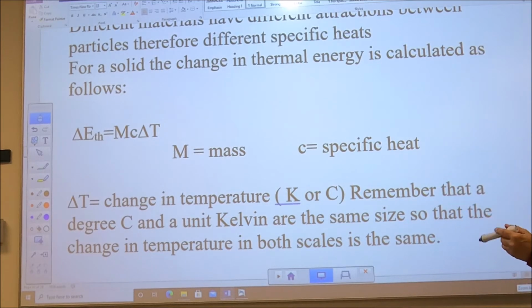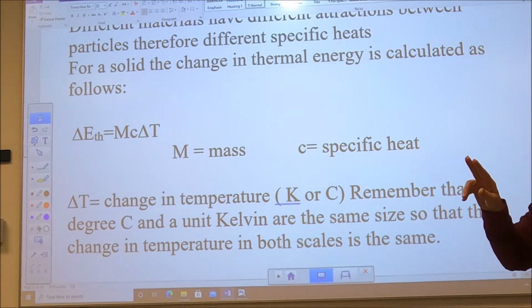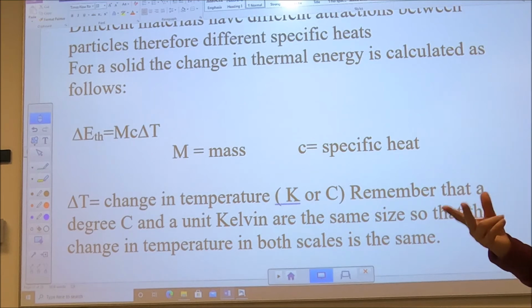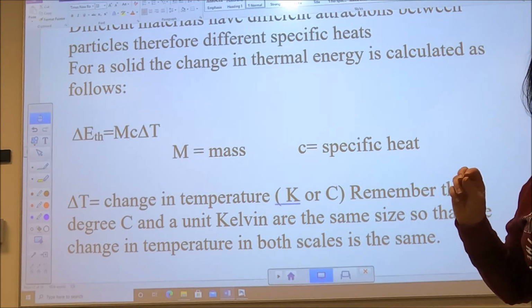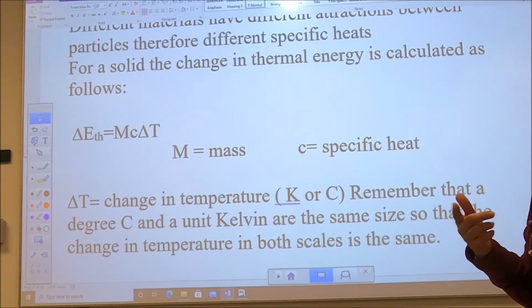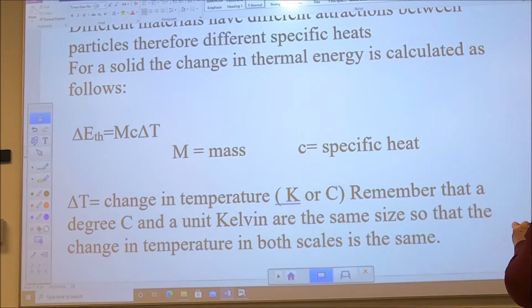Delta T is the change in temperature, and even though it says degrees K or Kelvin, remember that when you're taking a difference in temperature in Kelvin and a difference in temperature in Celsius, it's the same thing. So don't take a change in temperature in C and then add 273 to it. It's wrong. Okay?